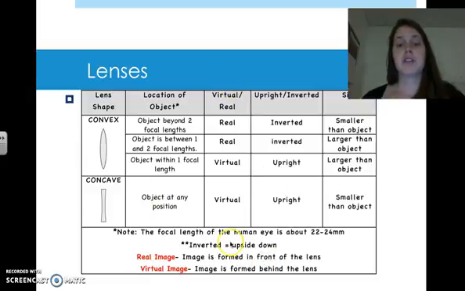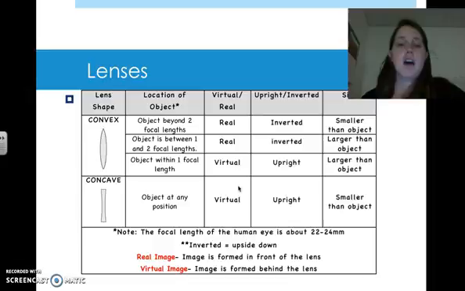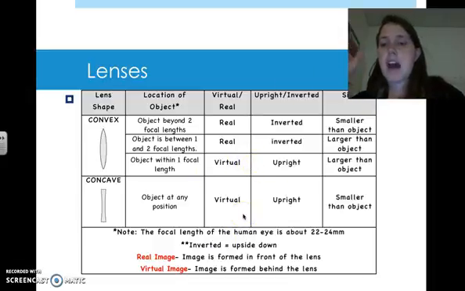It has to do with whether images are real or virtual. A real image is one that will look inverted, and your brain corrects it. That's what most images look like. They come through upside down, and your brain corrects it so they are right side up. Then there are virtual images. They're actually formed behind your lens.